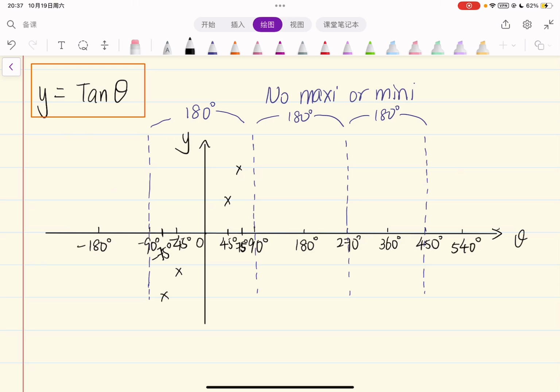So between 0 and minus 90 degrees, tangent theta decreases. Be aware that we also have vertical asymptotes at theta equals 90 degrees and theta equals minus 90 degrees. So the value of y gets close to the asymptotes, but never touches them. So we can draw the graph like that.